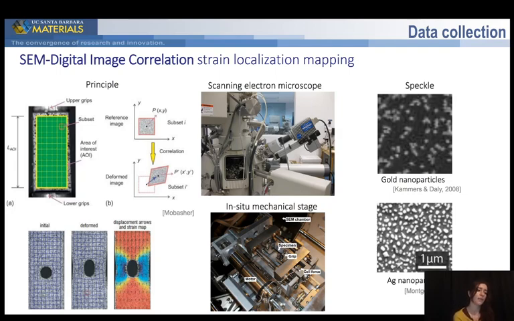It involves the tracking of a speckle or pattern onto the surface of the specimen and image correlation algorithms to obtain the strain field on the surface of interest. It was initially implemented at the macroscopic scale, but it has then been adapted for use in the scanning electron microscope.